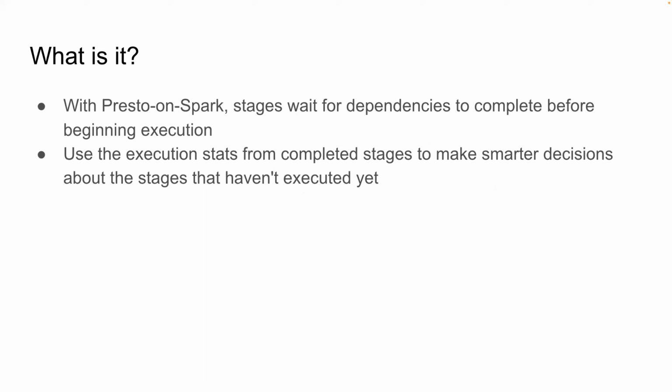The stages are materialized, with a materialized shuffle in between. So the idea is that you can use the execution statistics from the completed stages to make smarter decisions in how you execute the stages that follow. You have more complete information that you didn't have when you initially planned the query, and you use those execution statistics to inform how you execute the following stages of the query.